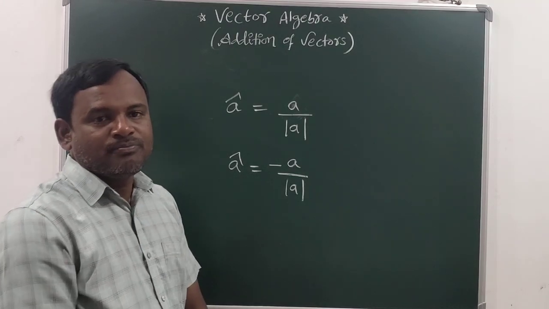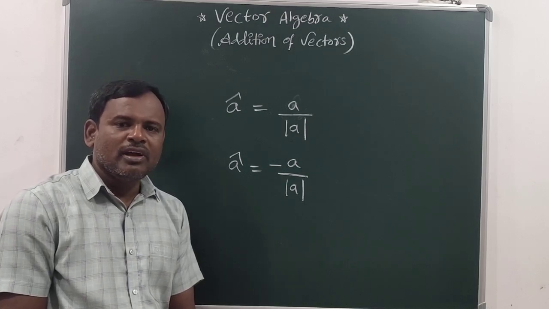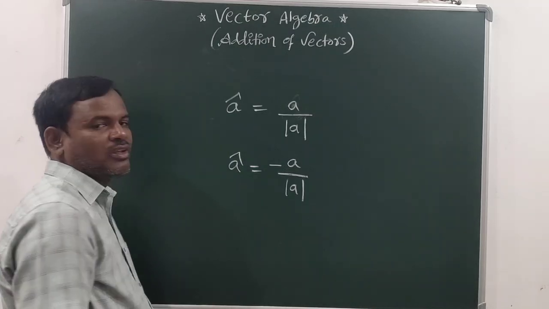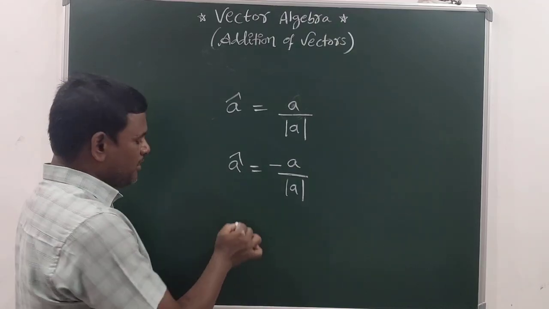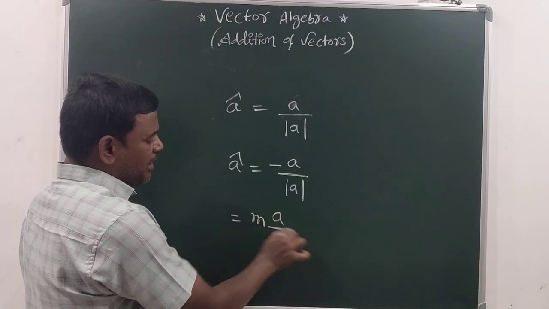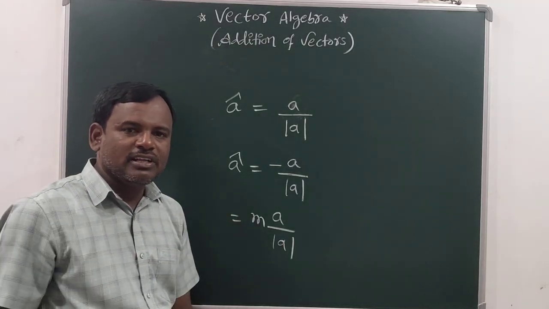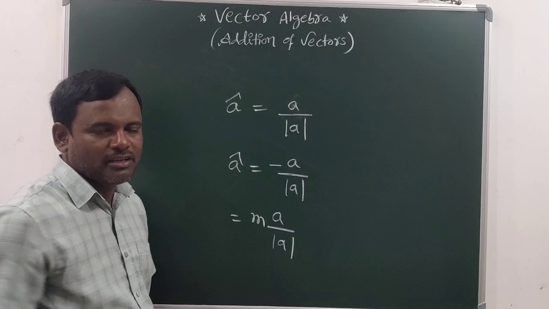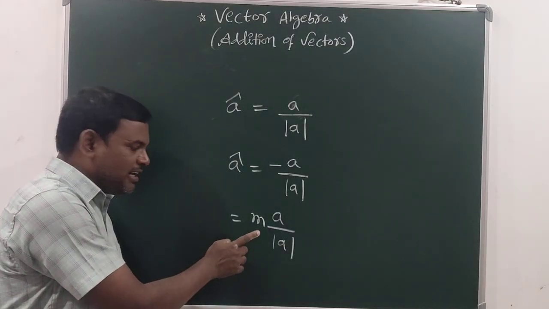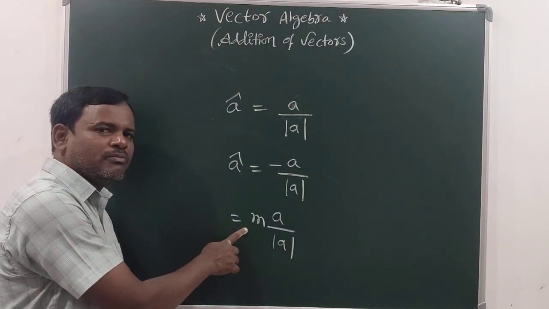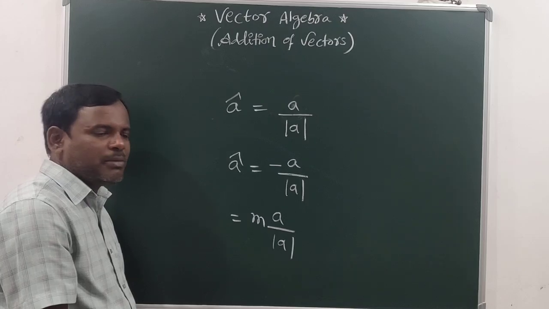Now I am asking you to find a vector having magnitude m and which is in the direction of A. Find a vector having magnitude m in the direction of A, means here, m into A by mod A. If m is positive, then that vector is in the direction of A. If m is negative, that vector is in the opposite direction of A. It is a vector having magnitude m and which is in the direction of A: m into A by mod A.